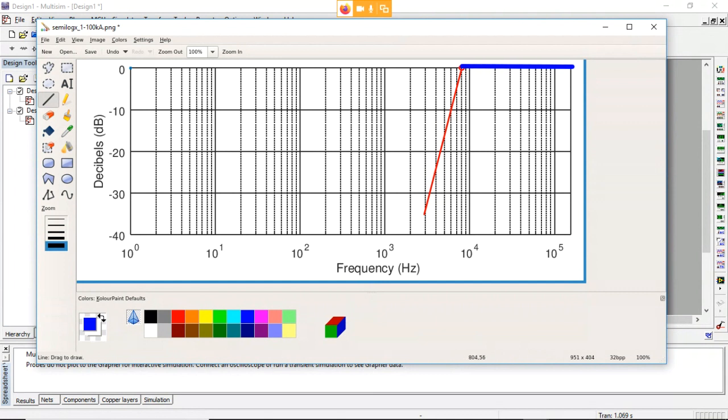All right, and then at this frequency, when you go down a decade, this is a semi-log plot, right? So each one of these is a decade, but we're going to the 8th one of that. So we're going down 20 dB per decade. So that's right here. Okay, and then you go down another decade and another 20 dB.